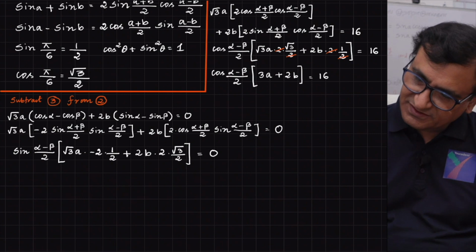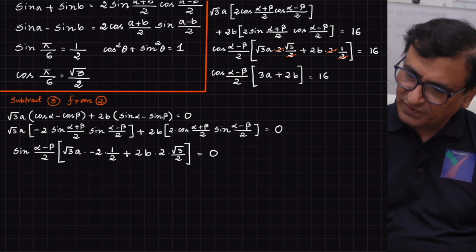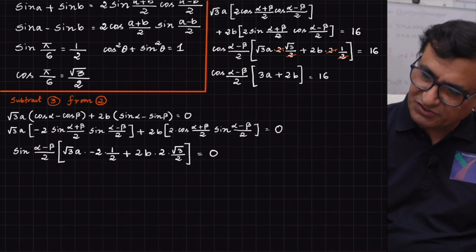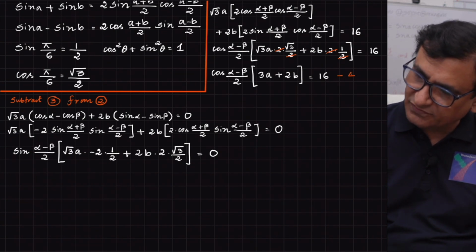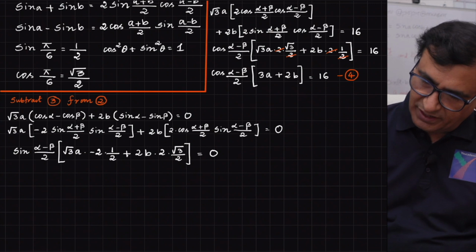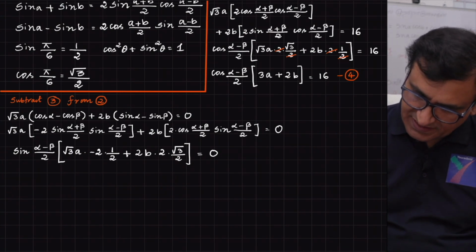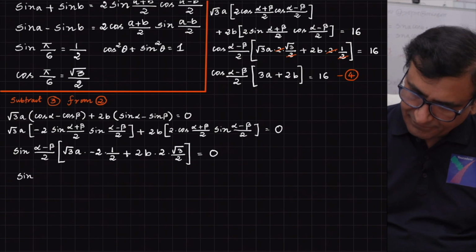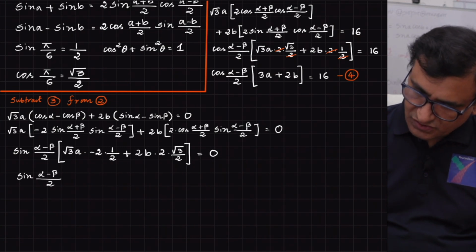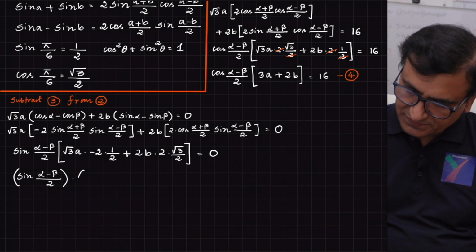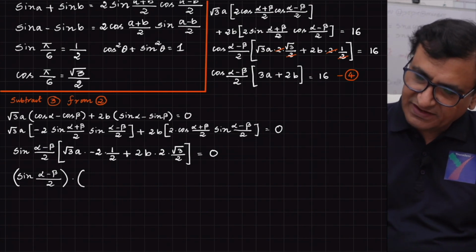Now, I have this cos((alpha minus beta)/2) multiplied by (3a plus 2b) equals 16. Let me call that equation number 4. I will require it in the future for reference. Okay, now let me simplify this. So we have sine((alpha minus beta)/2), first part of the expression. The second one would be, we have cancellations.